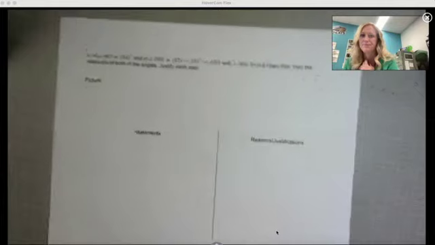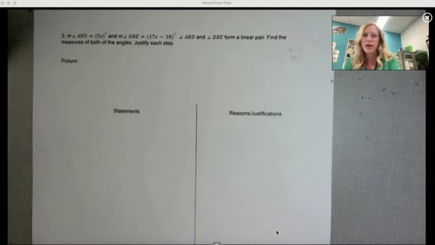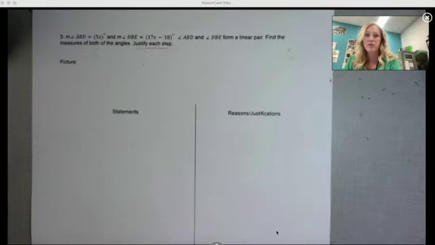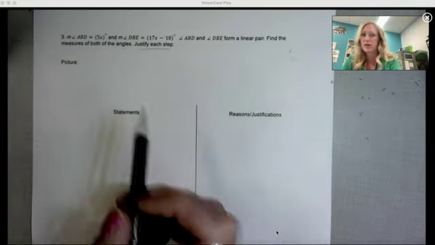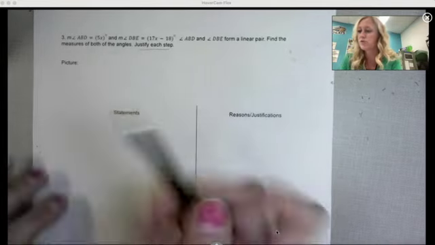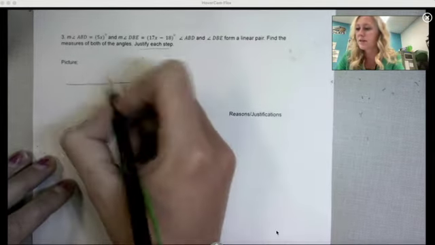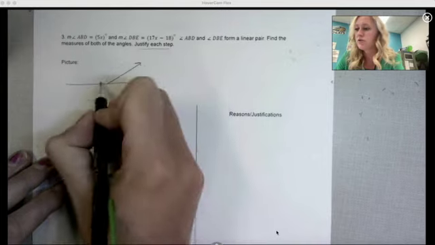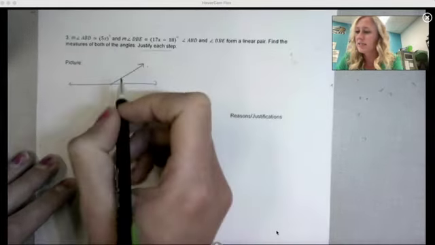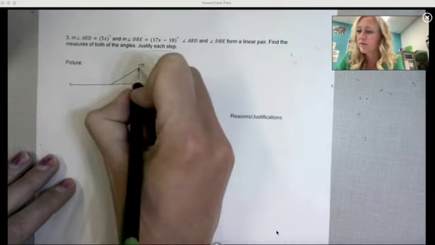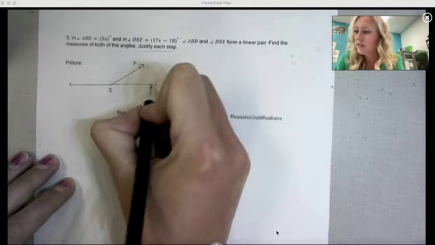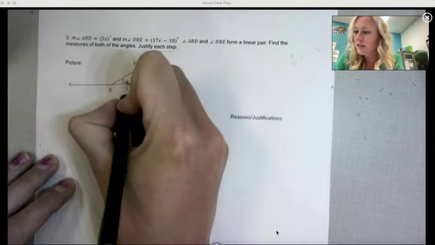All right, here we're doing a proof. We're justifying each step. We have something kind of similar here. This time, though, instead of vertical angles, it's a linear pair. So as soon as I see that, I'm going to set up something like this. Two angles on a line together. So we have ABD. Let's make this side ABD, so ABD is 5x.